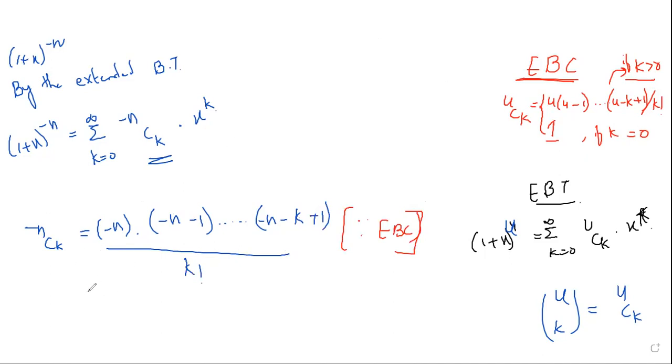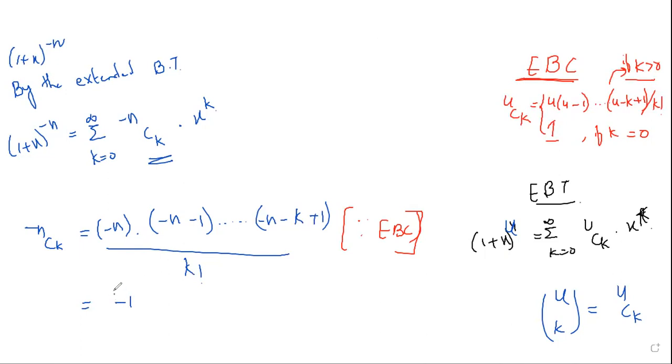Now, if I take minus 1 common from each and every term, how many terms are there in total? There are in total k terms. This is minus n, then minus n minus 1, minus n minus 2, minus n minus 3, and then finally we have the last term.